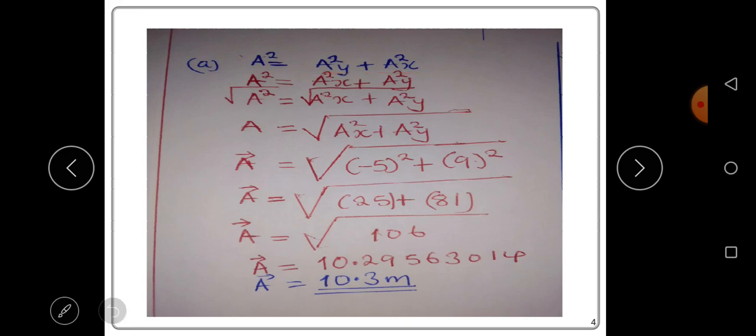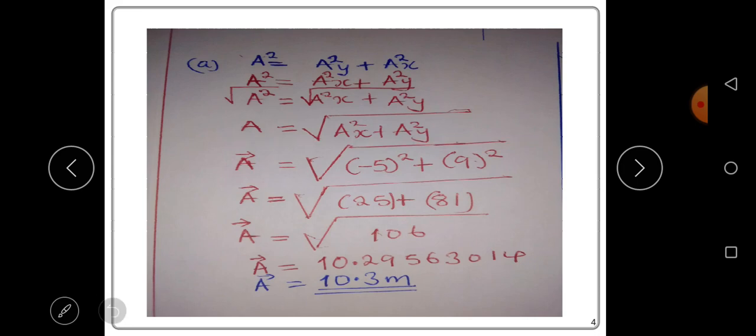When you simplify them mathematically, you come up with this. The magnitude of vector A is equal to the square root of the x component of vector A squared plus the y component of vector A squared. So you square the components like I've shown here.